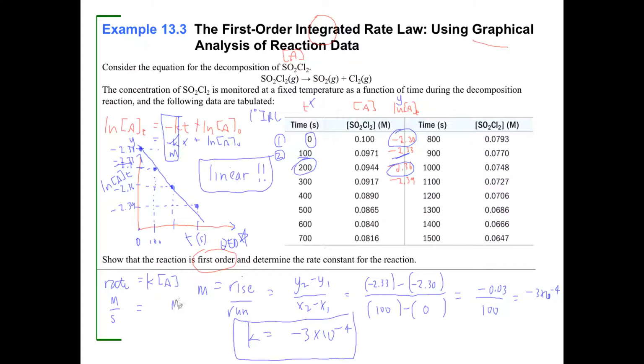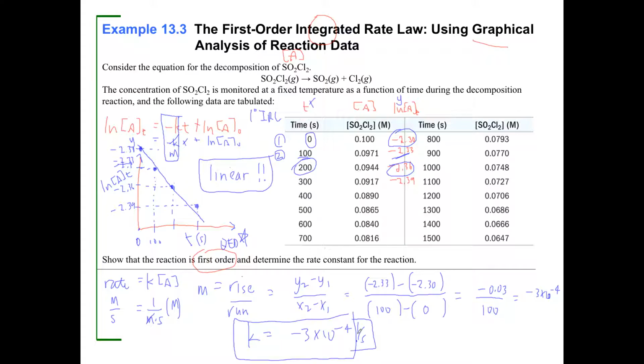And this is going to be in molars, my concentration of A, and so this must be in reciprocal molars per second. Wait, no, just reciprocal seconds, right? Can you see that? That'll give me molars per second. So this is going to be in reciprocal seconds. That's the unit for K.